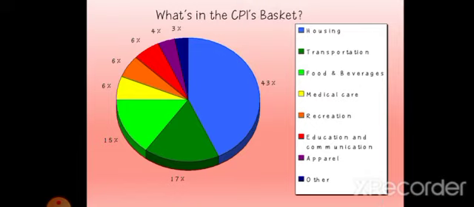Okay, so you now know how to calculate the CPI. Let's discover then the problems with the calculation of the CPI. Remember that the goal of the Consumer Price Index is to measure changes in the cost of living.